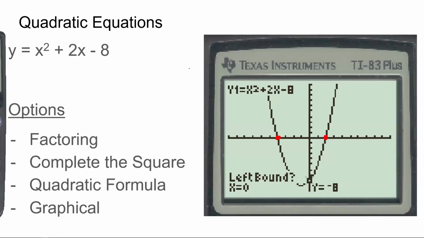Okay. When we had a linear equation, taking a step back again, something like, I don't know, how about y equals 3x plus 2. If I were to solve this for x, the first thing that I would do is put a 0 there for y.